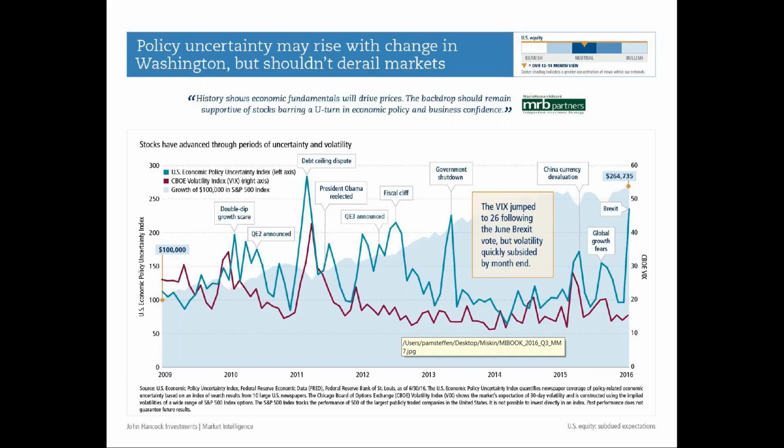More QE3, fiscal cliff, the government basically shutting down incredibly. There's been international scares. Think about China's currency devaluation last year at this time and how that shook the markets. And then Brexit, just as of late.